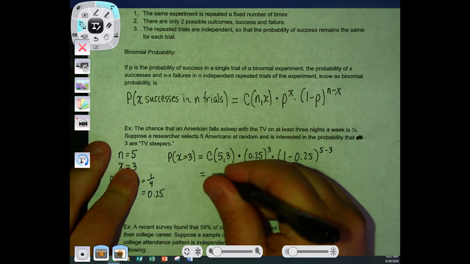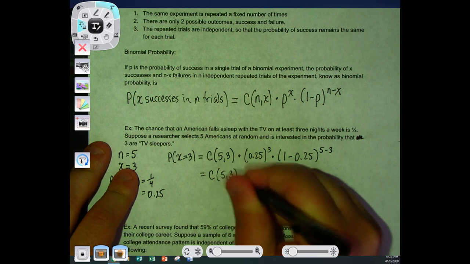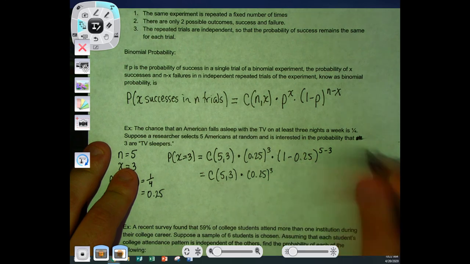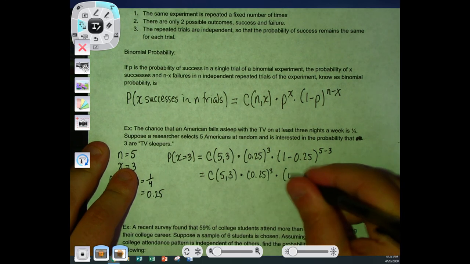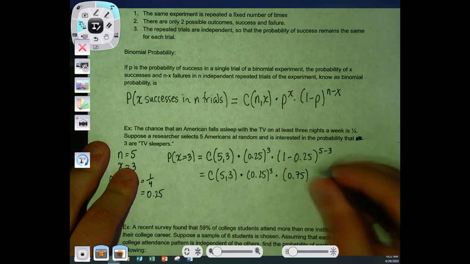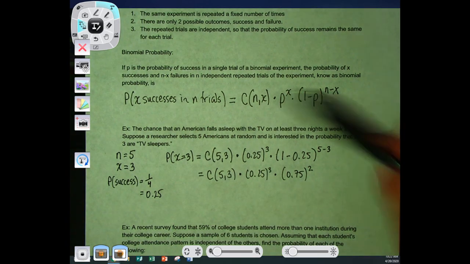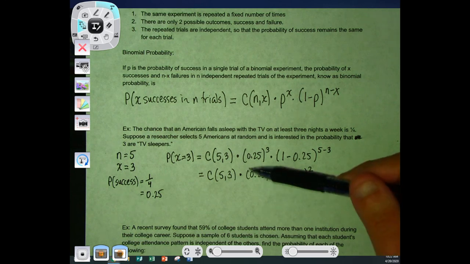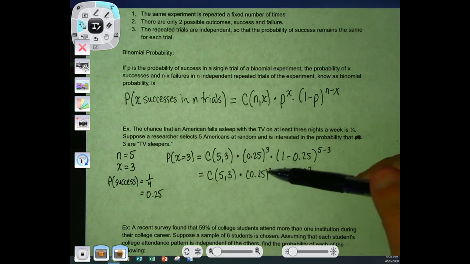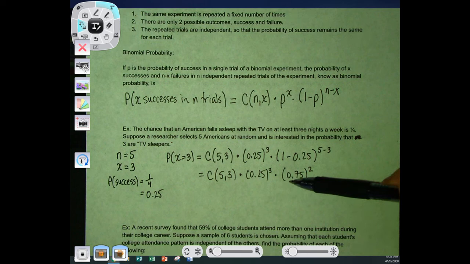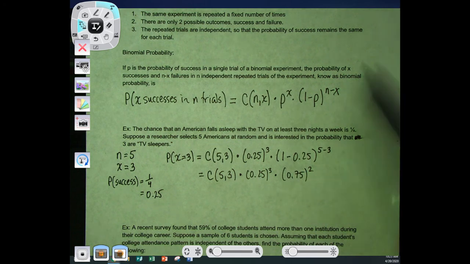So this would be the combination of 5 choose 3 times 0.25 to the third power times 0.75 to the second power. Now, why is it this way? Well, because 0.25 is the probability of being a TV sleeper, we need to know that for 3 people. The probability of not being a TV sleeper is 0.75 then, and that would be the case for the 2 people that we're looking for.